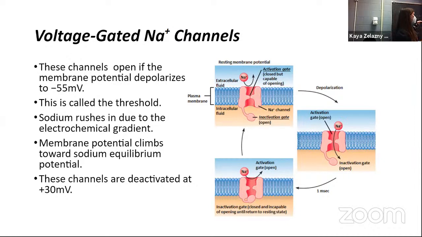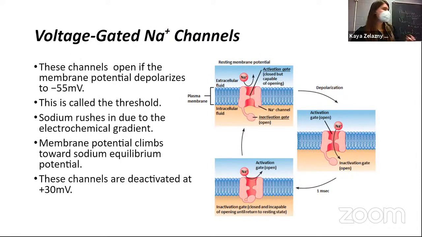So we want to think now about our electrochemical driving force on sodium. Was it just a little bit, or was it strong? Did we have a weak or strong force? Yeah, we have a really strong force. The only reason sodium hasn't been traveling into the cell is because it couldn't get in.